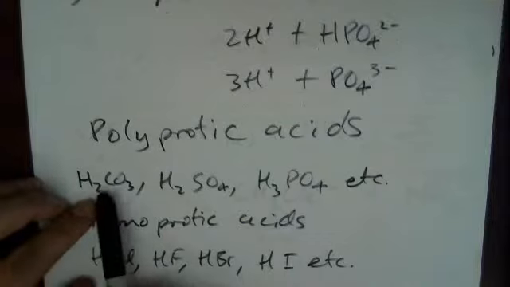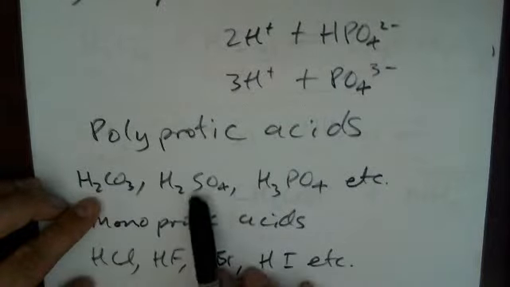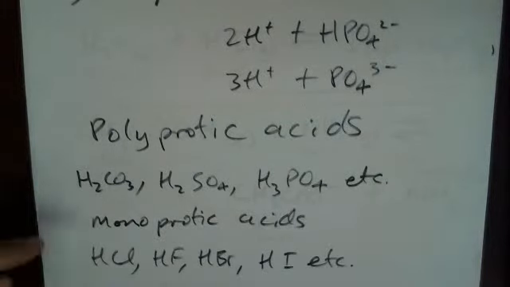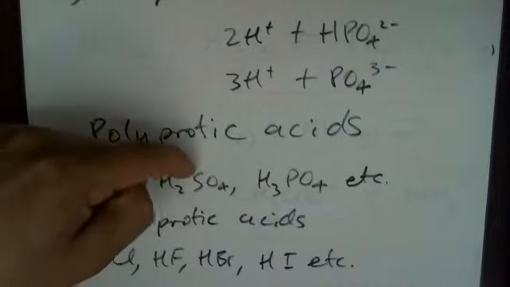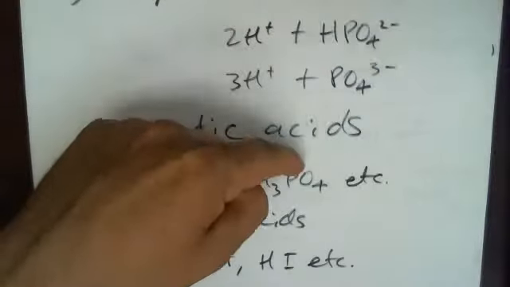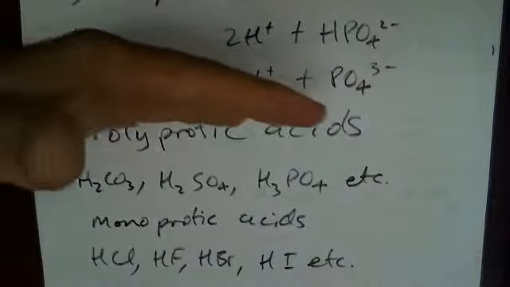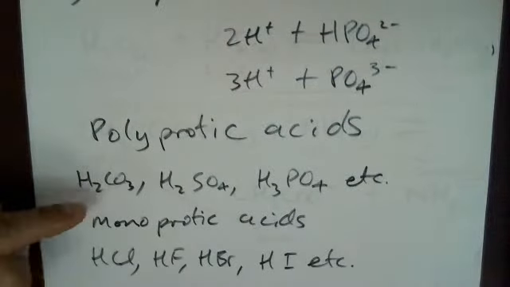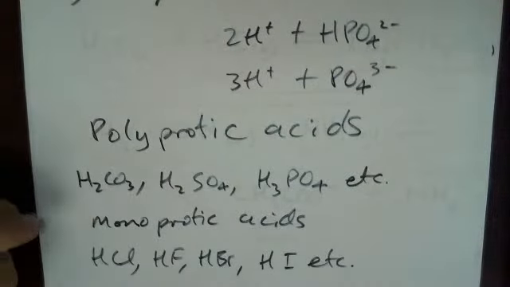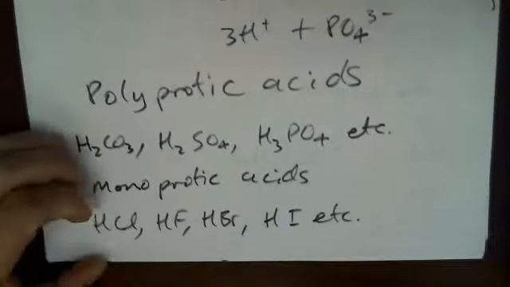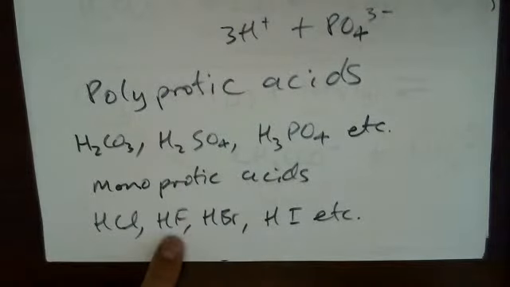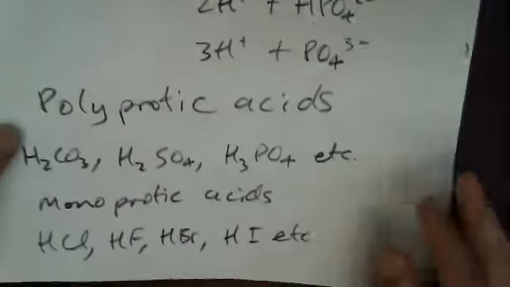So the hydrogen carbonate, the hydrogen sulfate, the hydrogen phosphate, so carbonic acid, sulfuric acid, phosphoric acid, these are all polyprotic because they can lose more than 1 H plus at a time. A monoprotic acid is an acid that can only lose 1 H at a time. So poly versus mono.